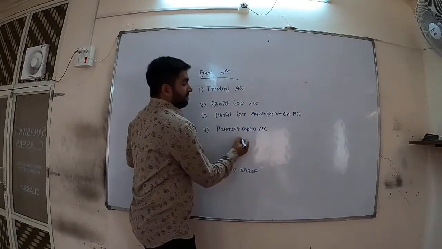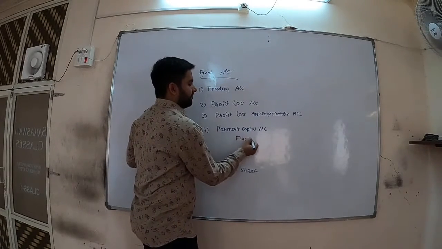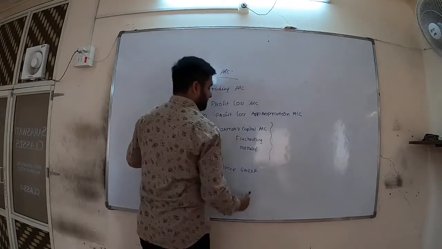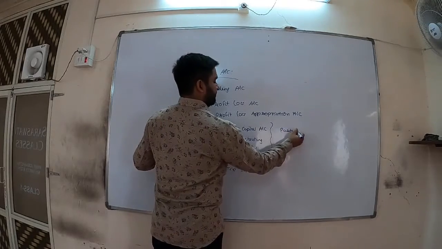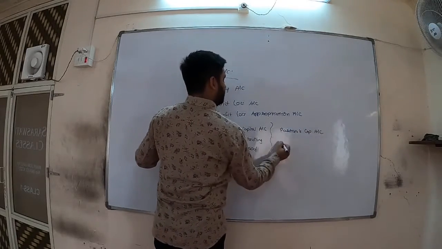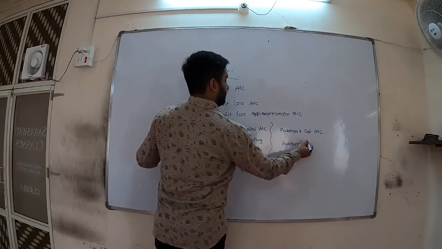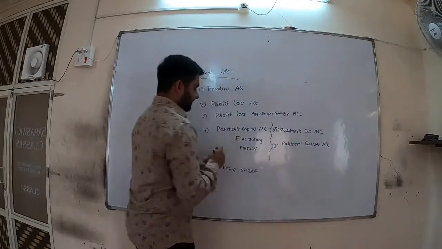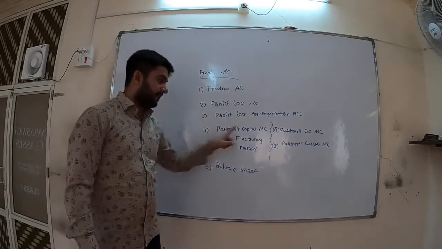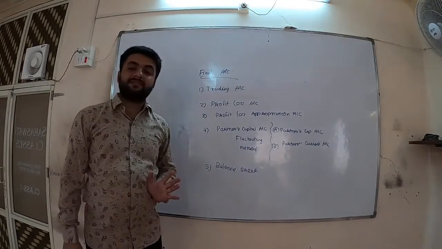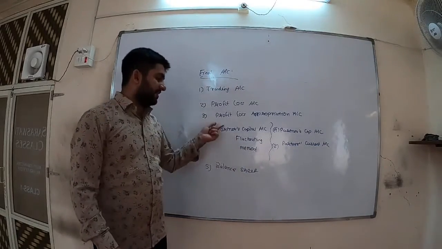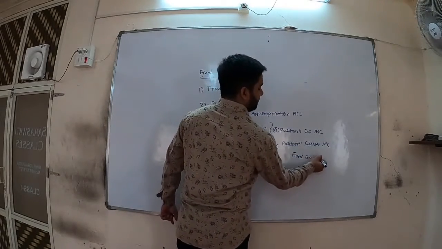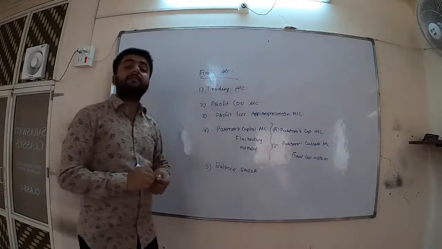For the fluctuating method you need to prepare only the partners capital account, and if you have the fixed method, then partners capital account and partners current account. So in total there are 6: 1, 2, 3, 4 has 2 sub accounts, and the last. In the fluctuating capital method you prepare only one account, and in the fixed capital method you prepare 2 accounts.